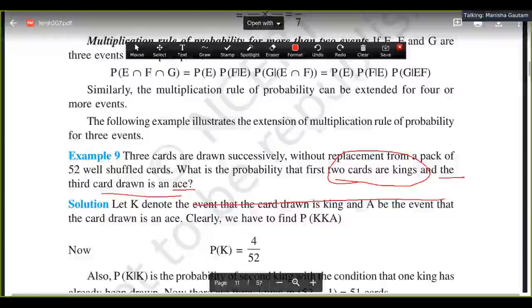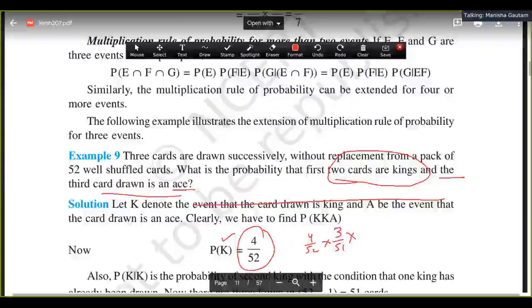Now, out of 52 cards, when you are picking a card and it is a king, how many kings are there? 4 kings are there. It means the probability of getting a king is 4 upon 52. If you are not replacing the king and you are picking another card, it means 4 upon 52, and next is 3 upon 51.